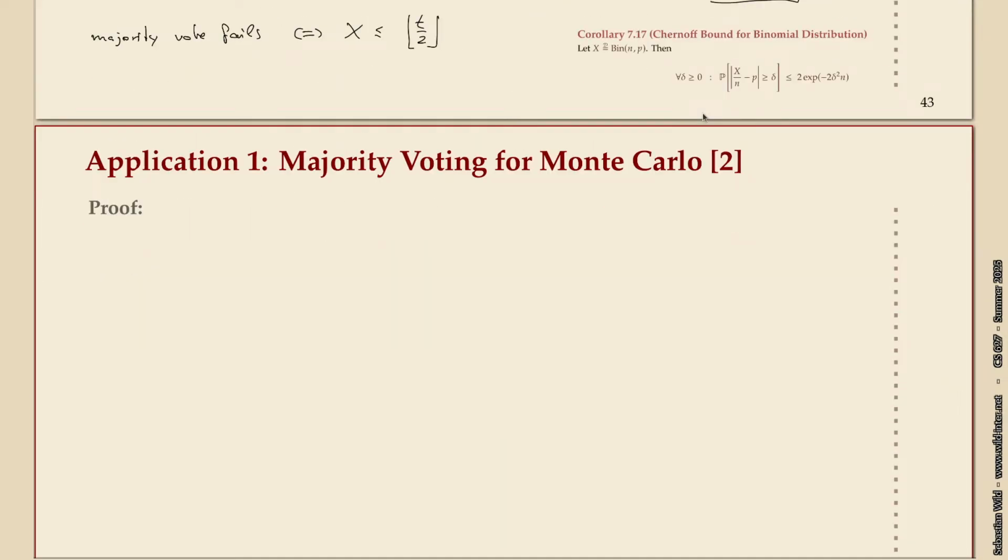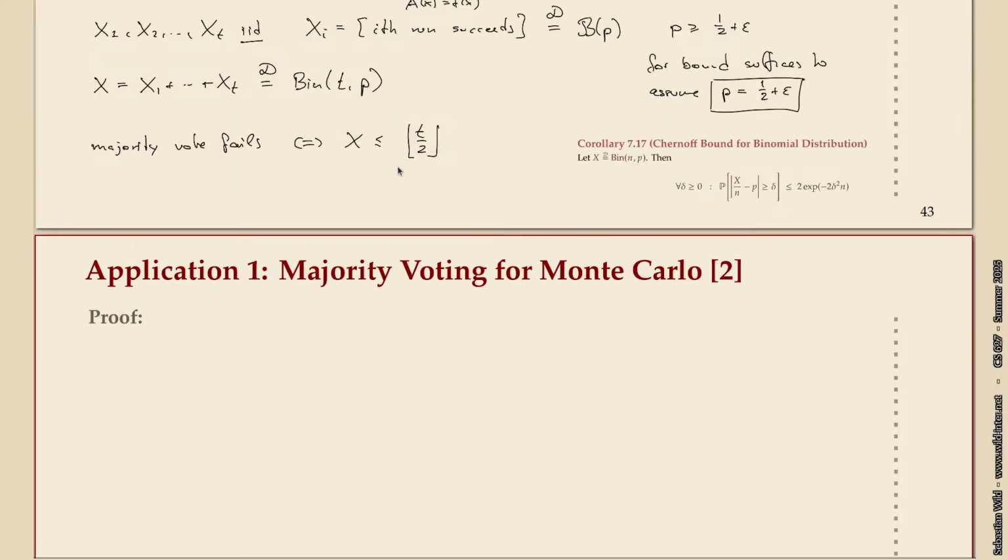Okay, now we're essentially in business. We have reformulated our algorithmic problem as a purely statistical one. What's the probability that a certain binomial is at most that value? And so let's calculate the probability for that to happen.